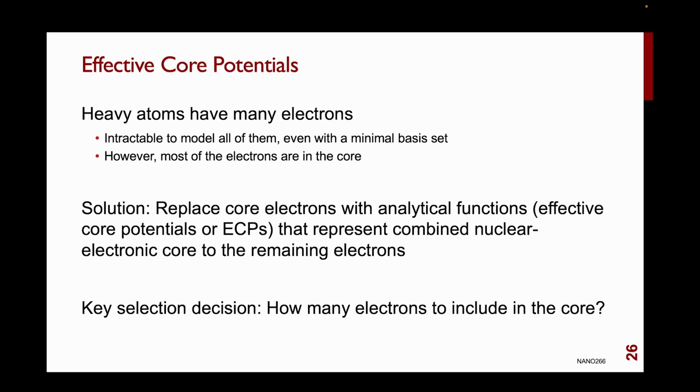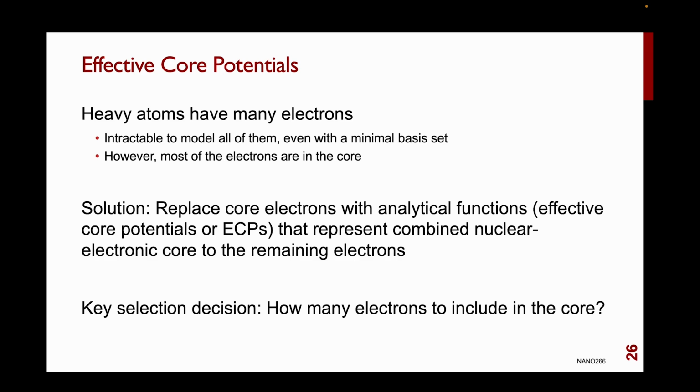Okay, so one of the key selection decisions that you always have to make is how many electrons you want to include in the core itself, right? So if you only think that the outermost orbitals are participating in the reaction and that's all that you're interested in, of course you can choose an effective core potential that has more electrons considered in the core.